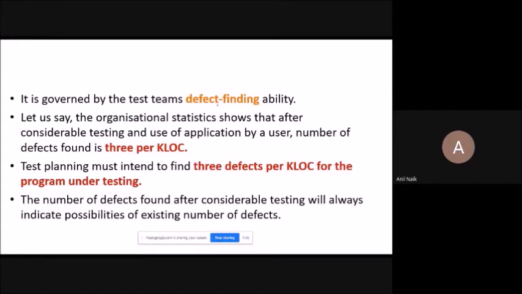So as we find more defects, we get more defects. It is governed by the test team's defect finding ability.